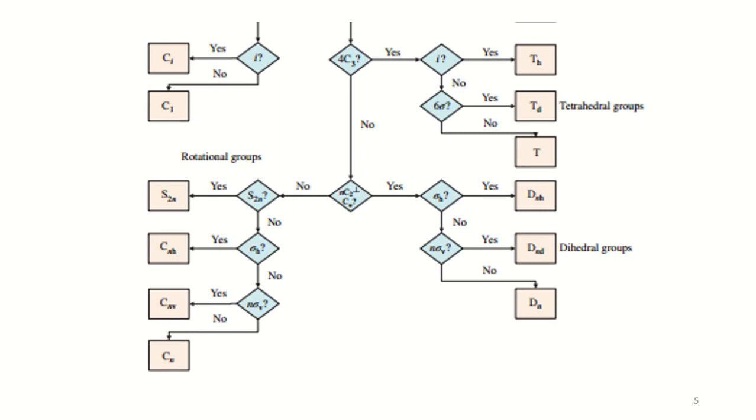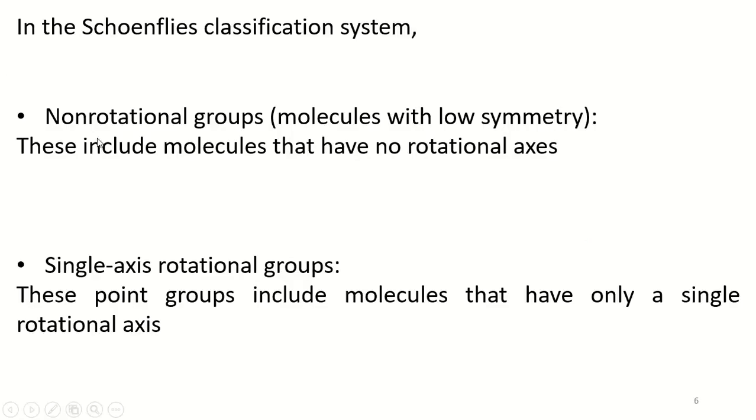So far we have studied three types of non-rotational groups. These are low symmetry groups. The first one is C1, which has no symmetry elements other than identity, the second is Ci, which has only the identity and an inversion center, and the third is Cs, which has only the identity with the mirror plane.